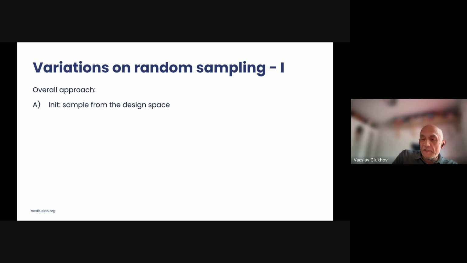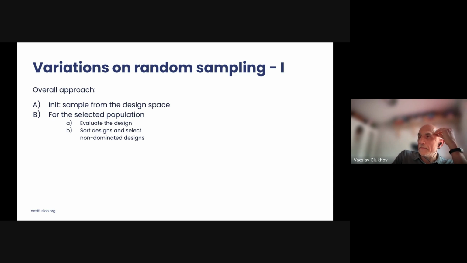So we generate a random set of designs, evaluate them on our criteria, then we select the designs that we like according to our function that we want to optimize, and then we generate the next set of designs from this front.